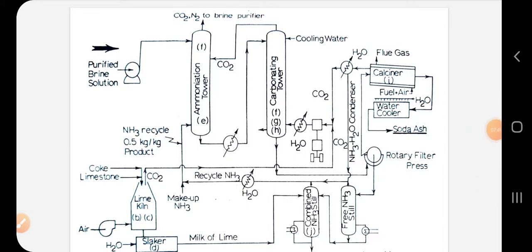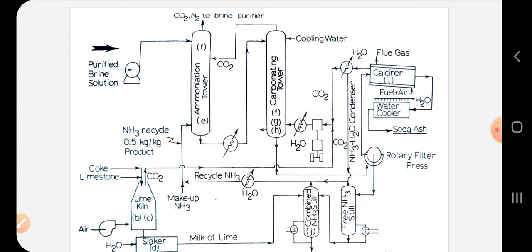Both the ammoniation tower and carbonating tower are about 22 to 25 meters in height, and specifically for the carbonating tower, the temperature at top and bottom, that is at the ends, is around 20 to 25 degrees Celsius, whereas the temperature in the middle is 45 to 50 degrees Celsius.